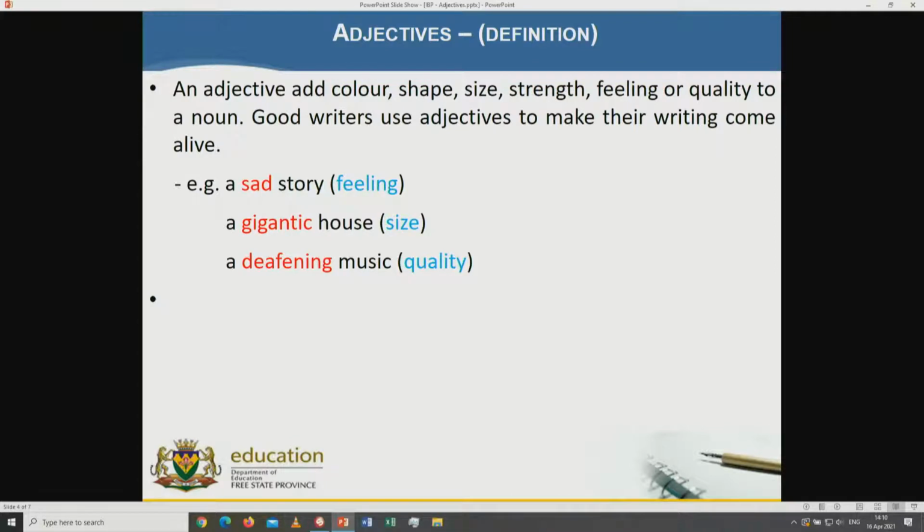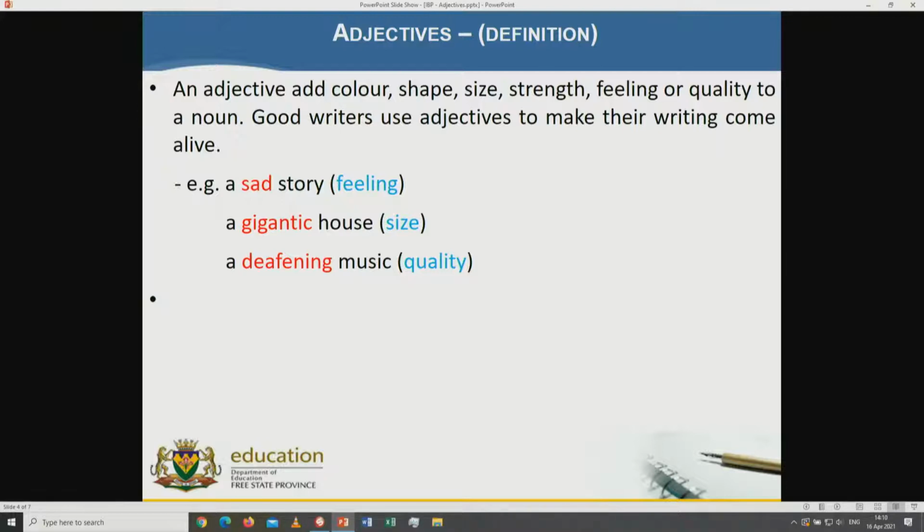More notes on the adjectives. An adjective adds color, shape, size, strength, feeling or quality to a noun. Can you see how good adjectives are? Because they add color. Sipho has a white shirt on.